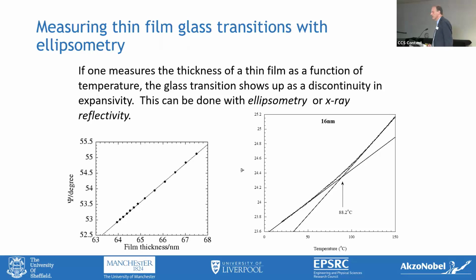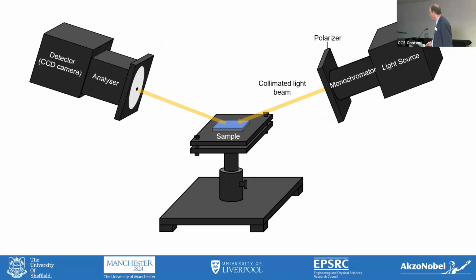So if you use a DSC, what you're measuring is a discontinuity in the heat capacity, which is a second derivative quantity of a free energy, but expansivity is actually also a second derivative quantity of a free energy. So it shows up as a discontinuity in the expansivity. So if you measure the thickness as a function of temperature, you should see it as a break in the curve.